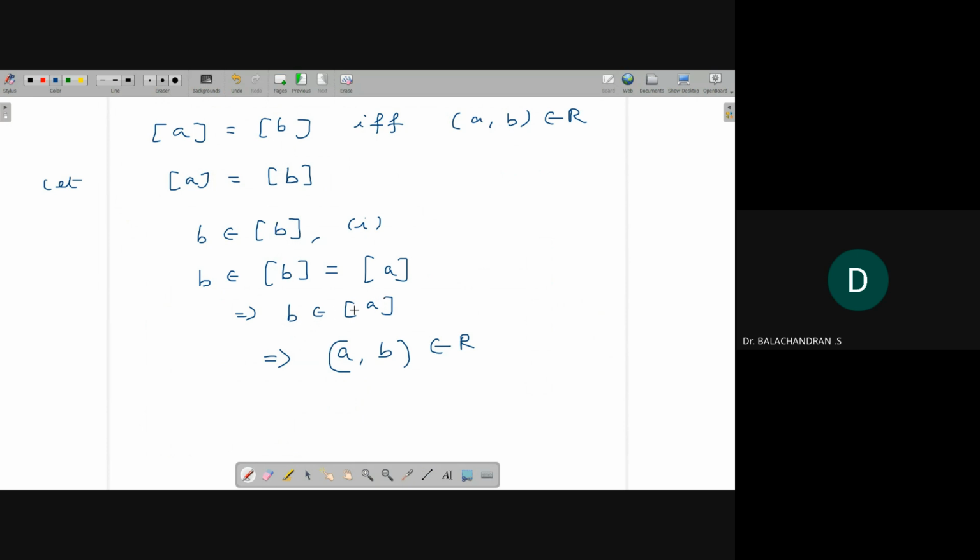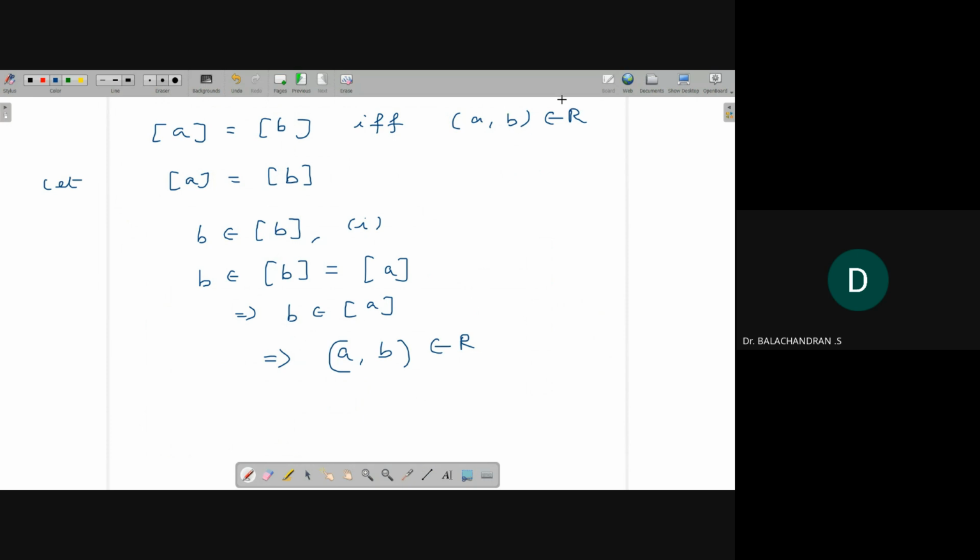So A and B are related in R. This one I proved; the first part is known.